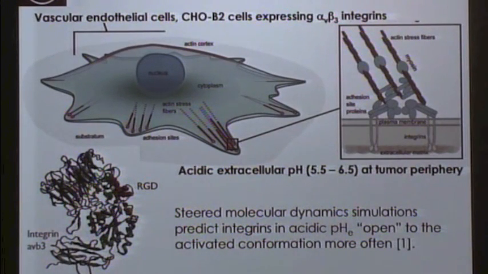And those simulations predicted that under acidic pH, this conformation went into the activated state, the open state, more often. So what this says was it predicted that the integrins would bind more readily, have an effective higher on rate in acidic pH than they would in physiological pH.